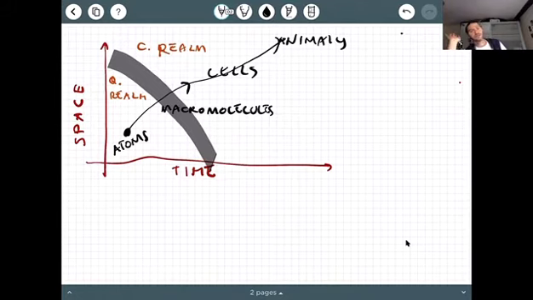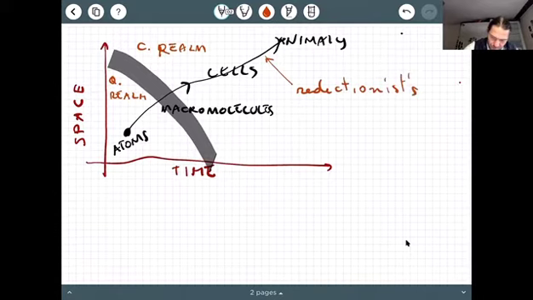So that's the reductionist path. Let me call it here: reductionist path.